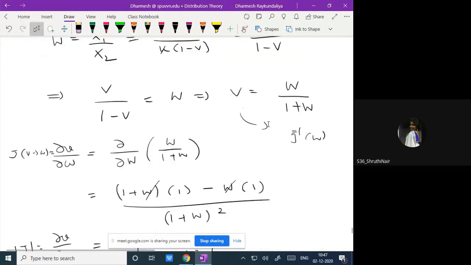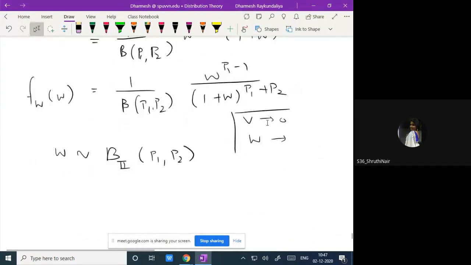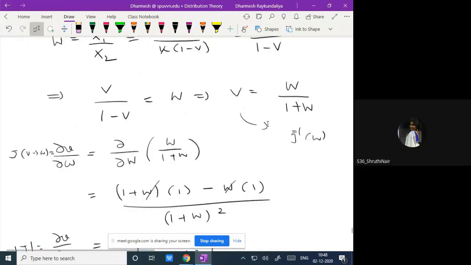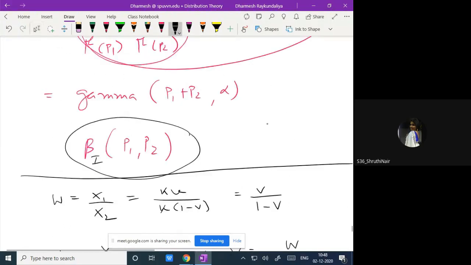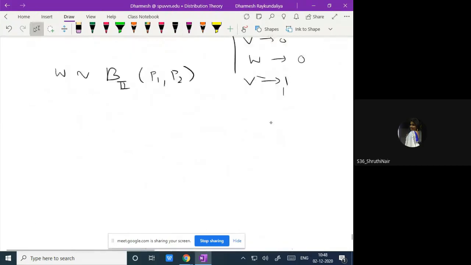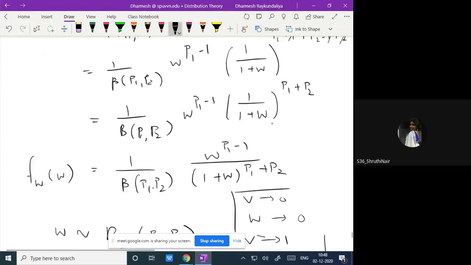It is 0. And when v tends to 1, what is w? It is 1 upon 1 minus 1, that is 1 upon 0, that is infinity. So w tends to infinity. That means the range of w is 0 less than w less than infinity. So this is nothing but the beta type 2.